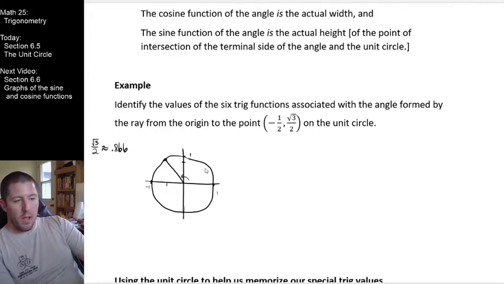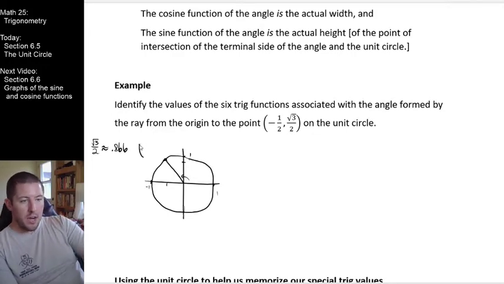Well, since we're on the unit circle, since I know that this point is (-1/2, root 3 over 2), it must be the case that this is equal to (cosine of theta, sine of theta).